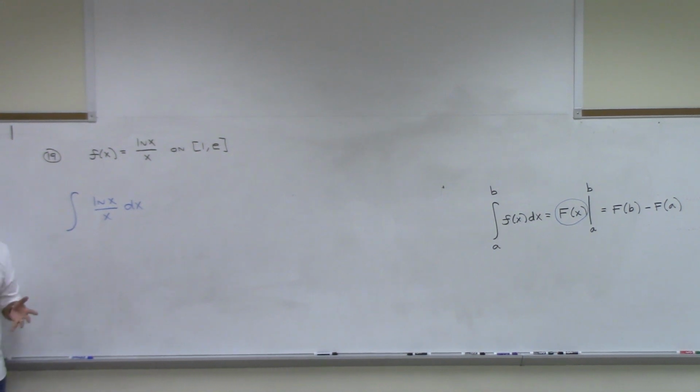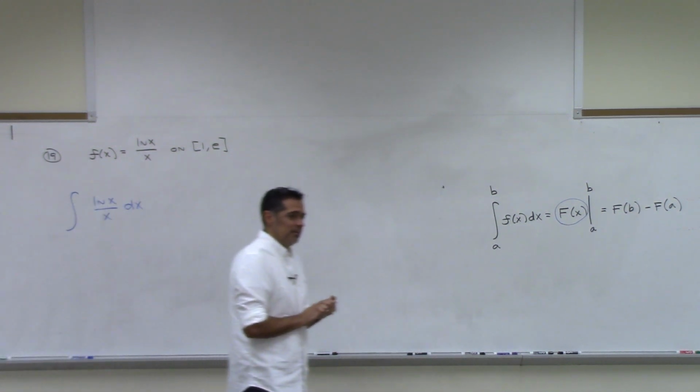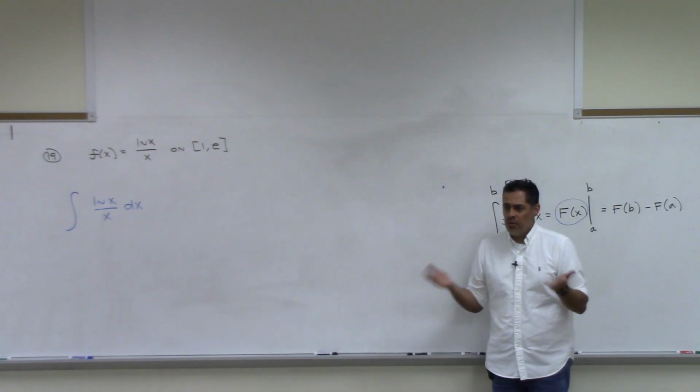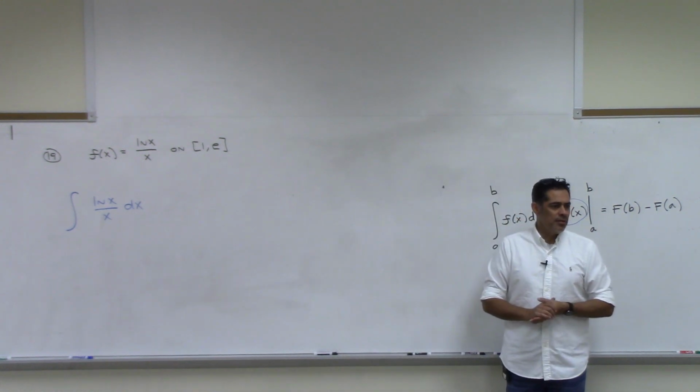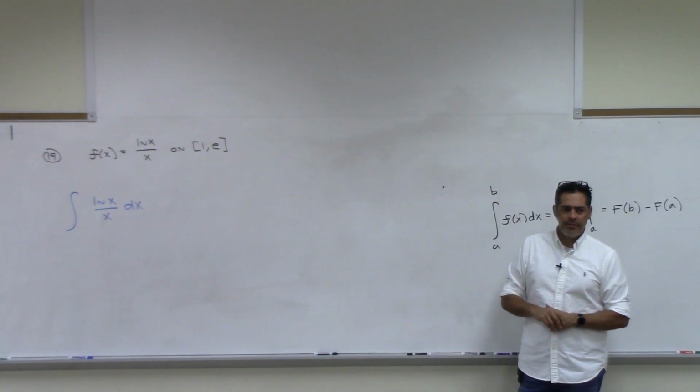So what's the only other thing that you've learned? What's the only other method for finding an antiderivative that we have in our arsenal? Use sub. That's what we did last class. Use substitution, right? So that means, when you look at that, do you see something and its derivative?